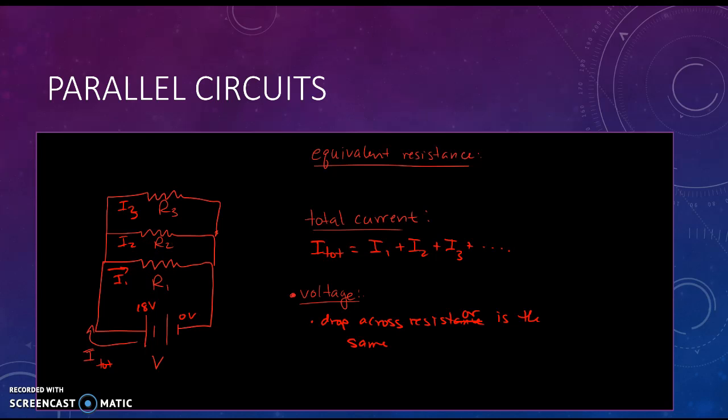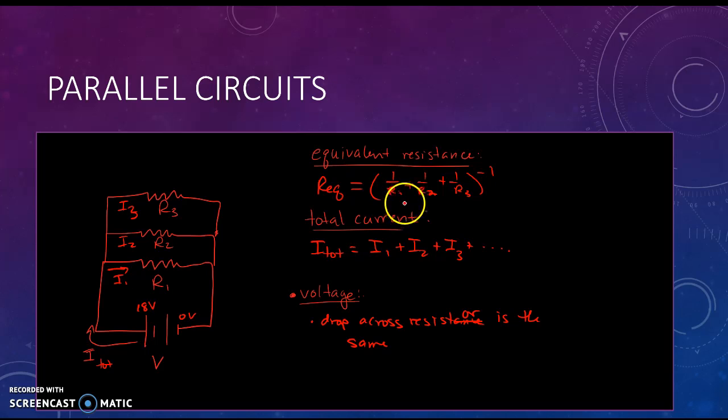And then the equivalent resistance for the whole circuit. Remember, equivalent resistance is if I were to replace these three resistors arranged in this way with one single resistor, what resistance would that have to be? For the equivalent resistance in a parallel circuit, you take the sum of the reciprocals of each resistor in each path, and then take the reciprocal of that.